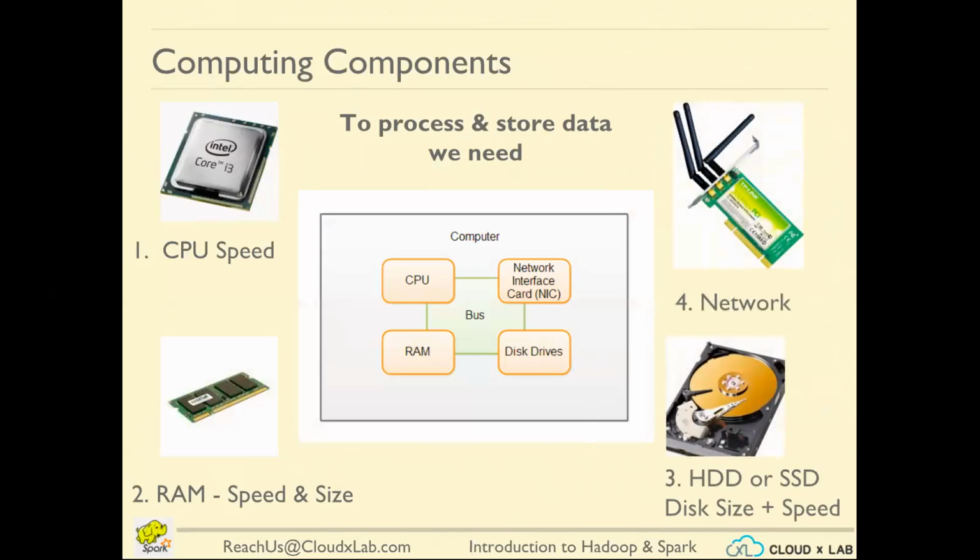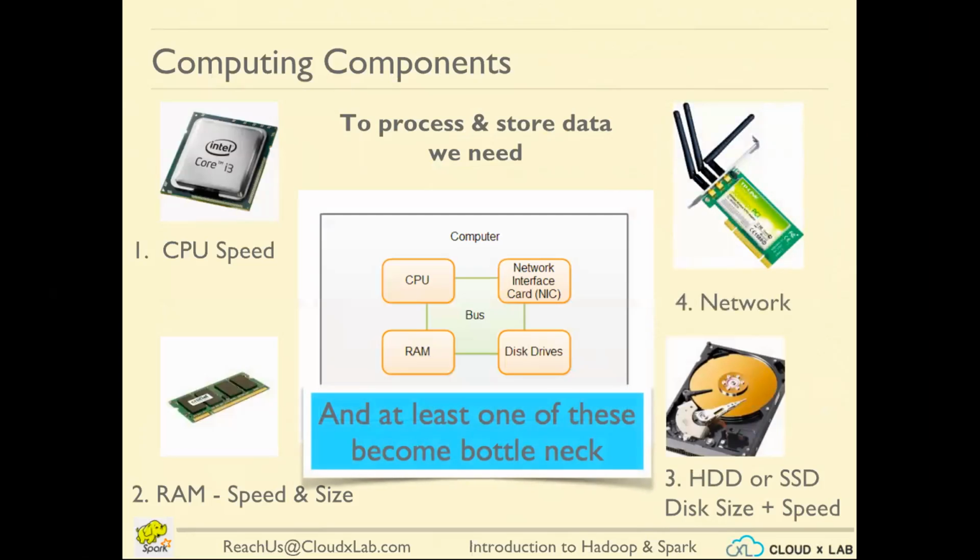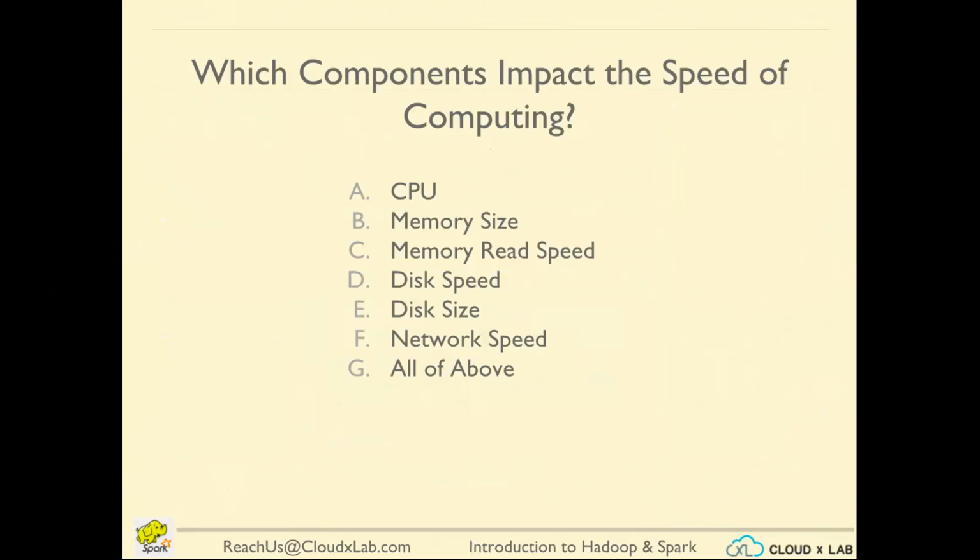Hard disk is traditionally used in laptops and desktops, while solid state is newer and generally used in iPads and MacBook Airs. The network is also very important for processing, because if your data does not fit in RAM, you put it on disk, and if one disk is not sufficient, we put it on another computer nearby. These can become the bottlenecks.